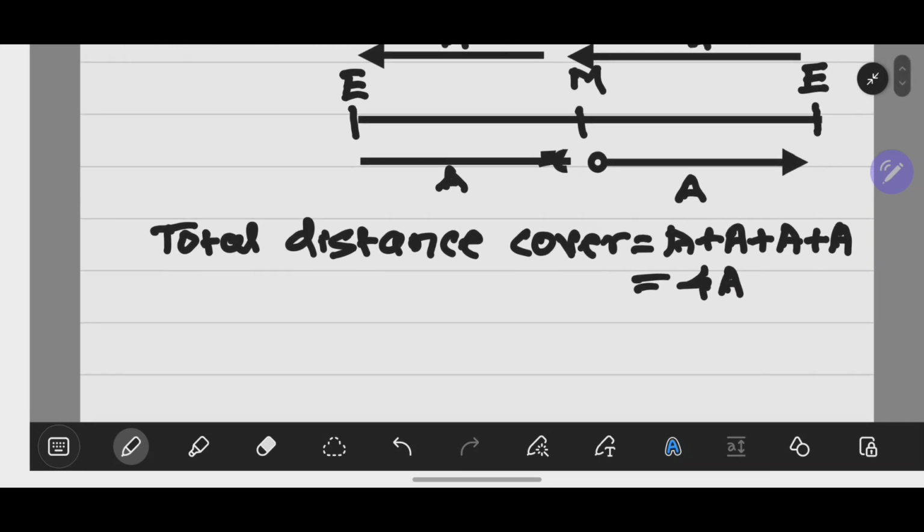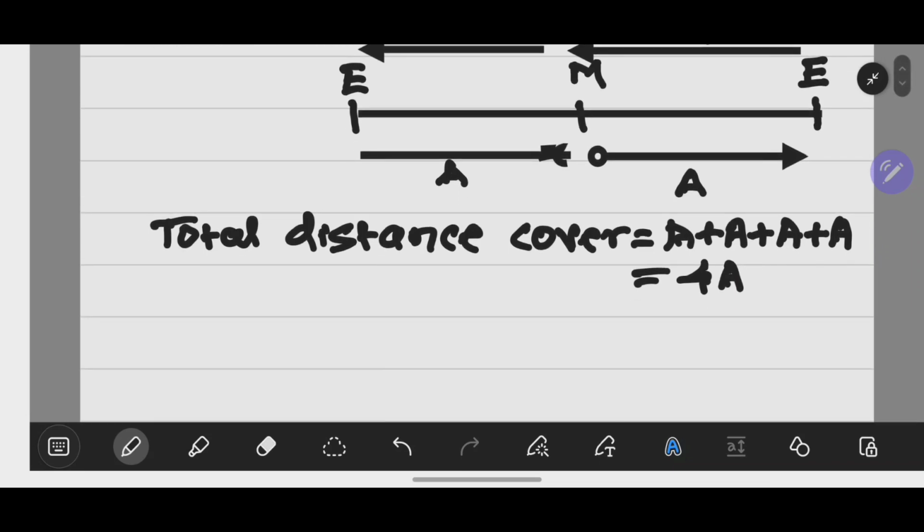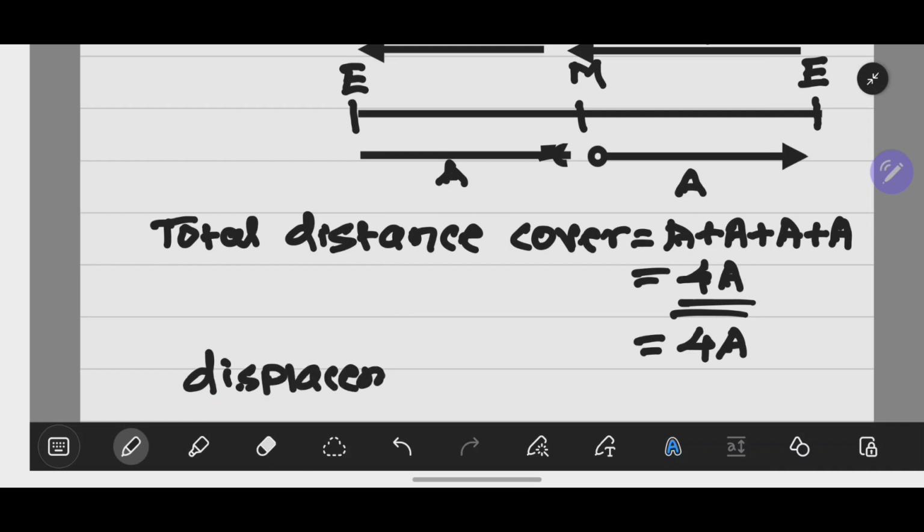What about the displacement? We need to get the idea about that. Here the distance covered is 4A. What about the displacement? Displacement is the distance covered in a straight line from one position to another position.